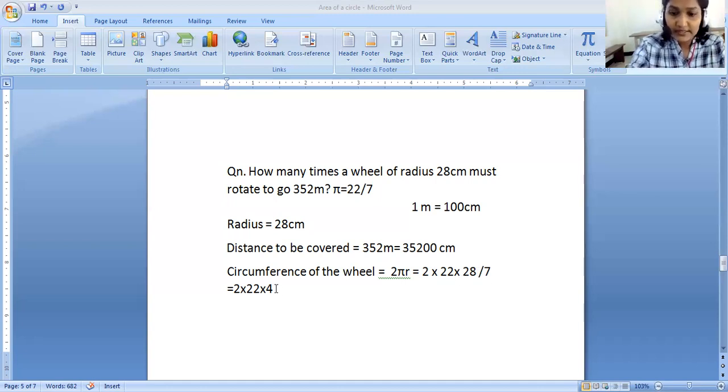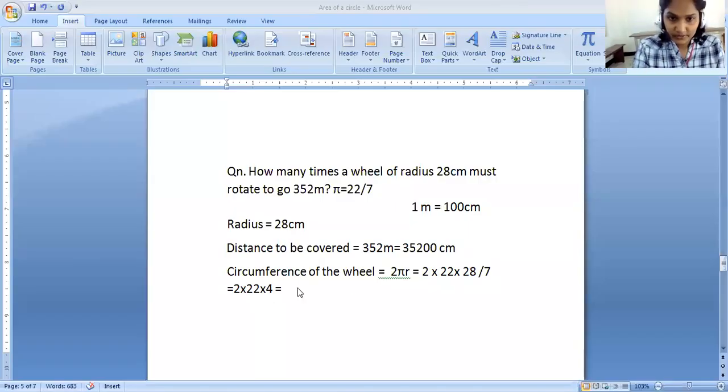When we simplify this, we will get 2 into 22 into 4, which is 8 into 22, or 44 into 4, any value you can take.